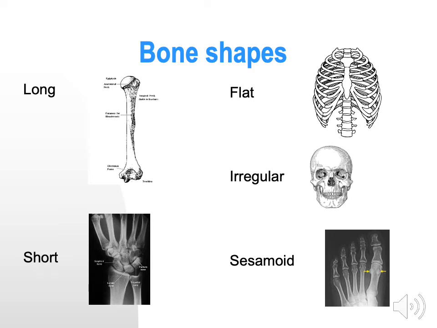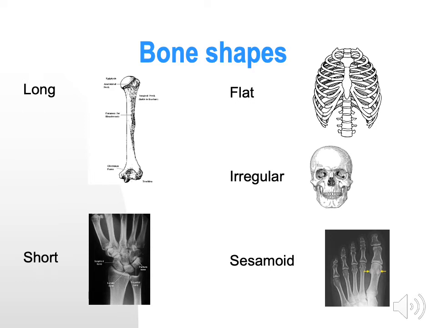One additional bone shape or bone type that isn't being included here, and it isn't really classified by its shape, is a sutural bone. And this is identified by location. The sutural bones are very, very small bones that are found within certain joints called sutures. We will look at joints in a week or two's time.